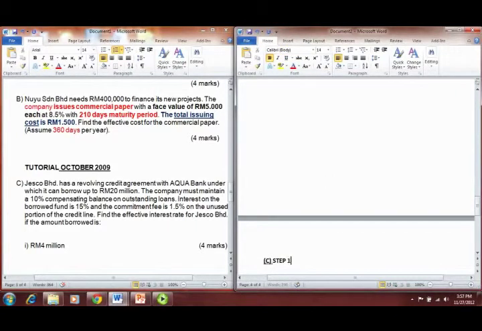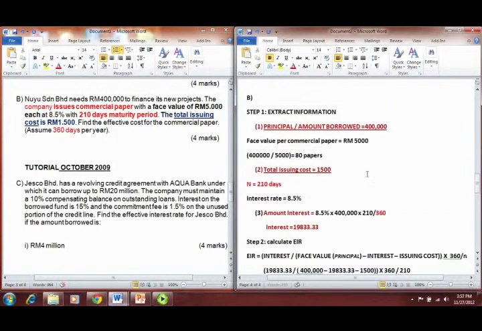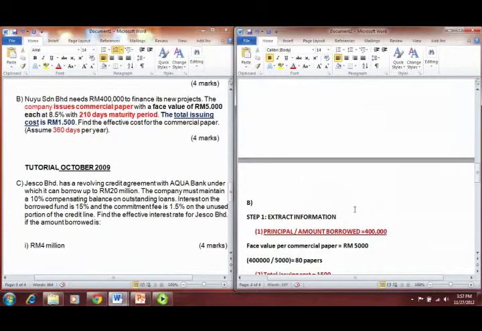First step, you need to extract information and identify the formula. Don't forget, same goes for your questions A and B. Step 1, you need to identify your formula. Which formula do you need to use?